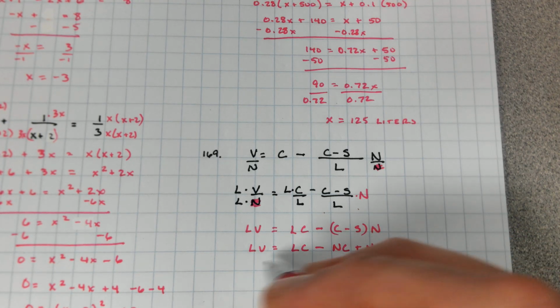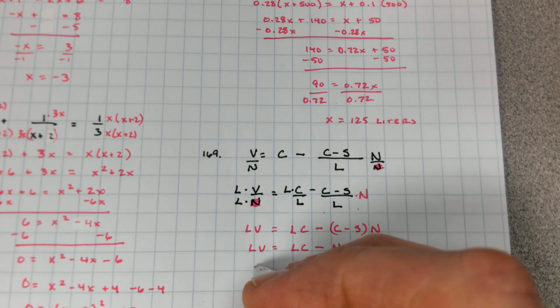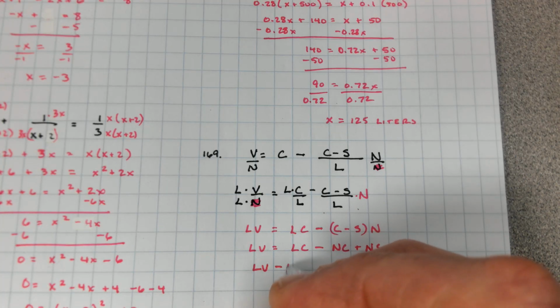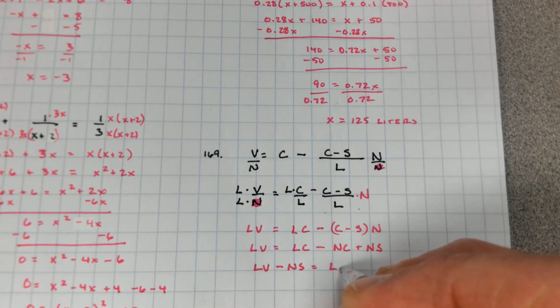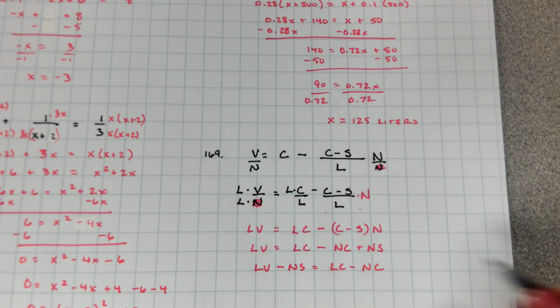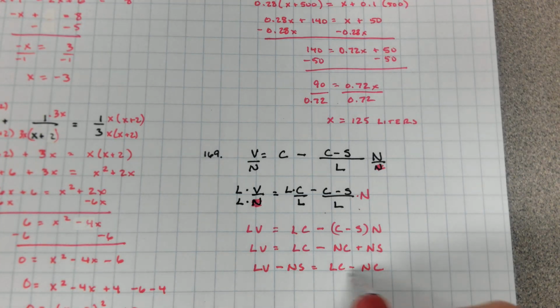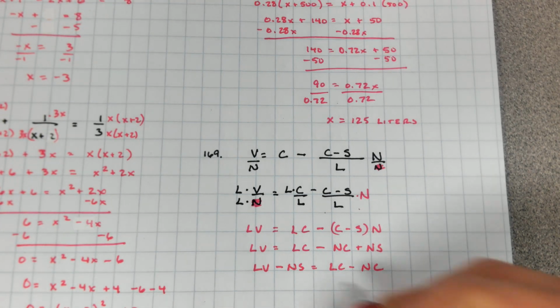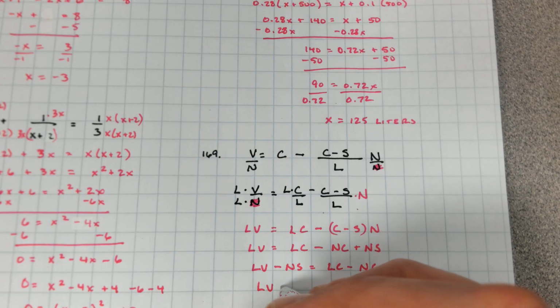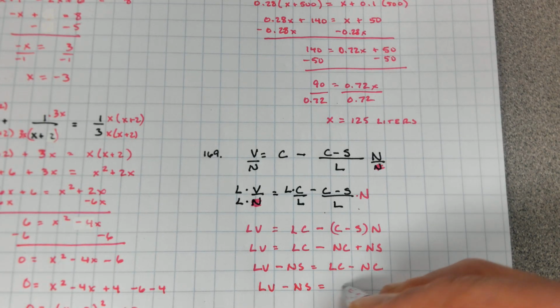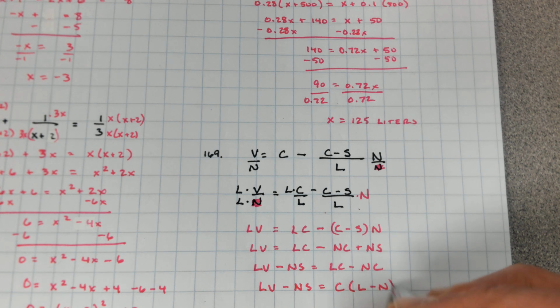Alright, now this can go to the other side because it doesn't have a C. So LV minus NS equals LC minus NC. And now we have C's in both of those terms. I'm going to factor that out. So LV minus NS equals C times L minus N. Now if I want C, this is multiplication.